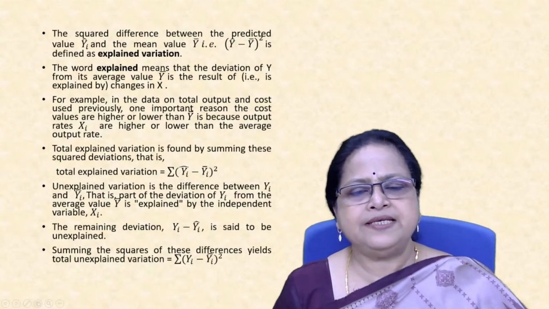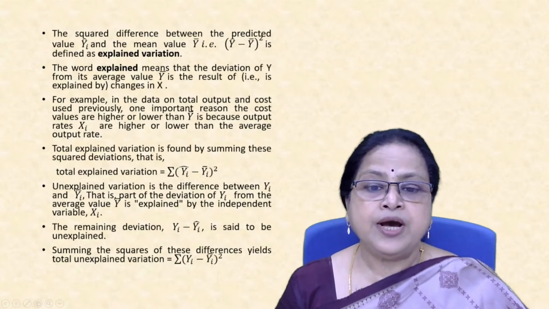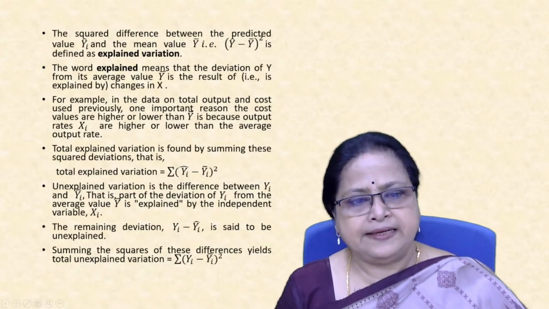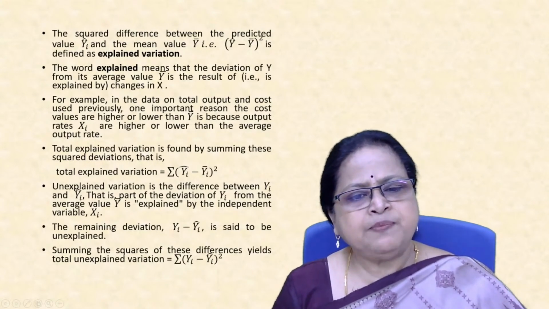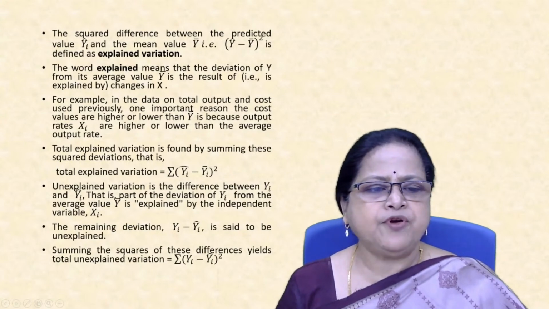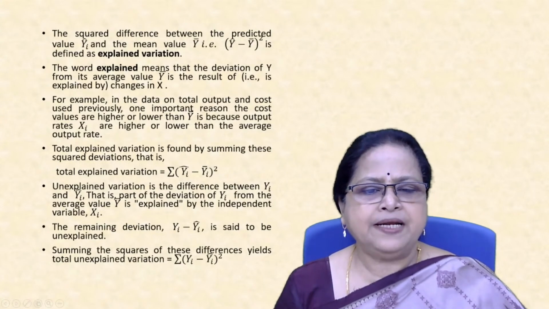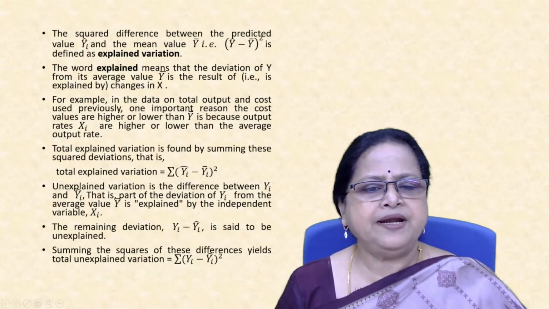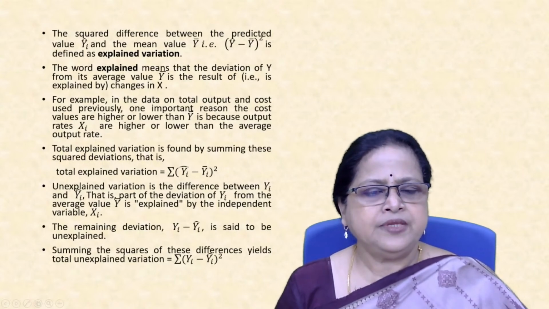Now, unexplained variation is the difference between yi and yi hat. That is, part of the deviation of yi from the average value y bar is explained by the independent variable xi.